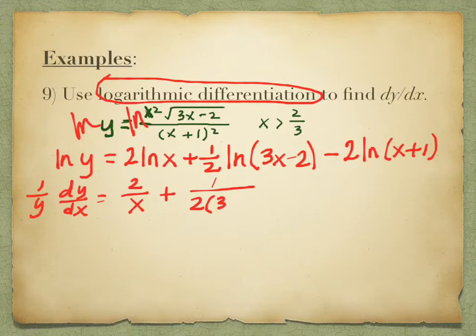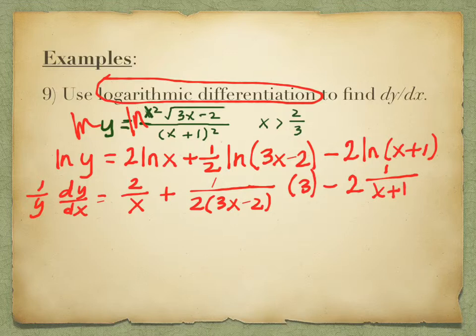Then the 3x minus 2 is the rest of that denominator, and then we need to multiply by that inside function 3x minus 2's derivative, which would then be a 3. And then I have a subtraction of 2, and then I multiply by the derivative of this one, which is 1 over x plus 1. And the inside derivative here is a rather uninteresting 1, but we'll put it there just for the sake of saying we did it.